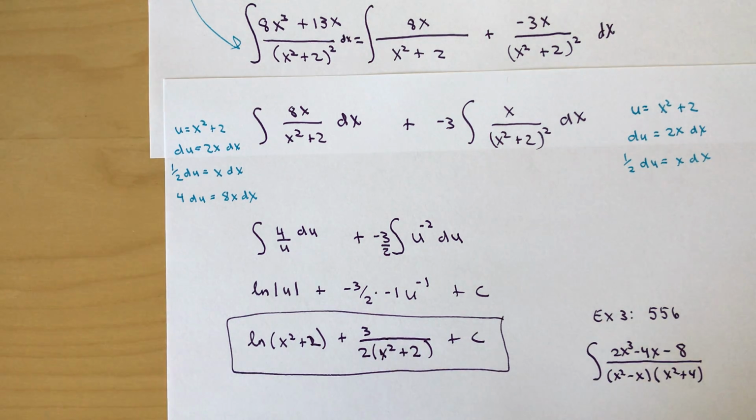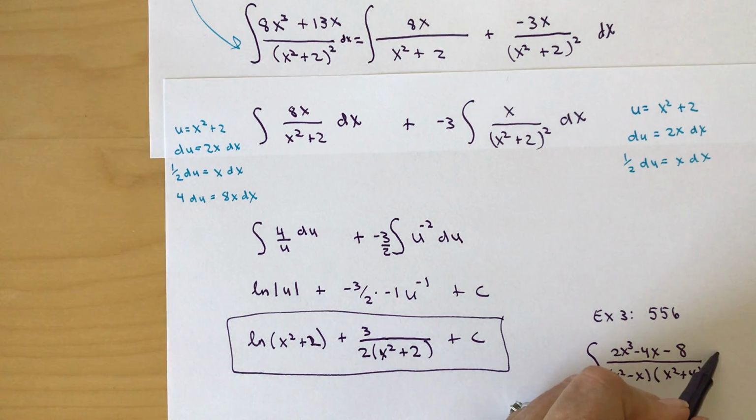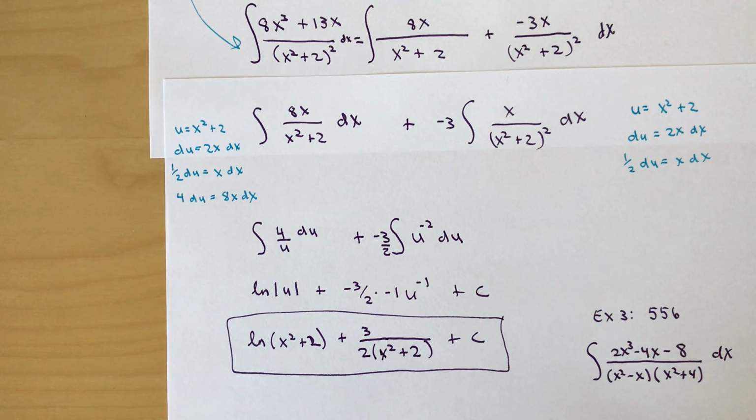Wouldn't necessarily do all the calculus for it, but you could consider doing the partial fraction decomposition for it and at least trying to get the setup of what it would be. You would definitely want to factor this, x squared minus x. Even though it looks quadratic here, you could factor that into 2 linear factors rather than a quadratic factor.